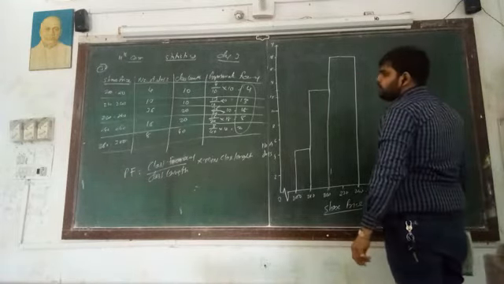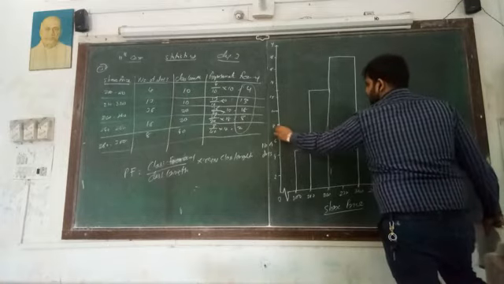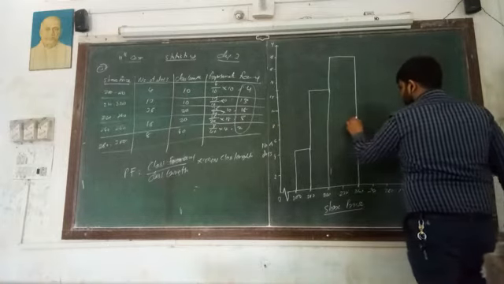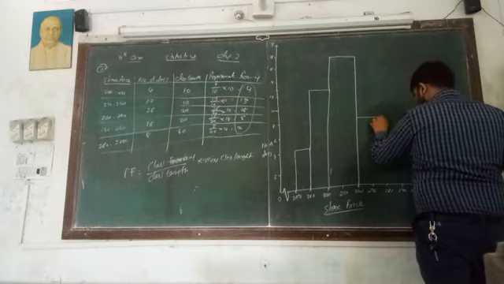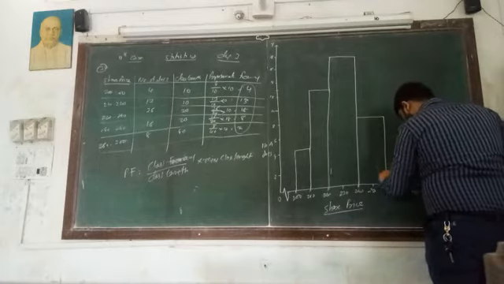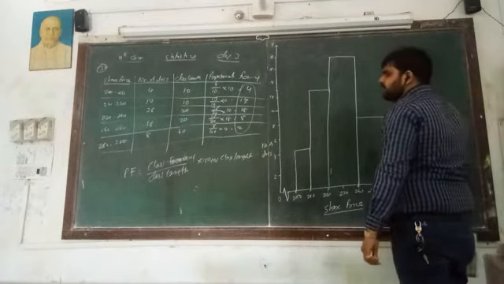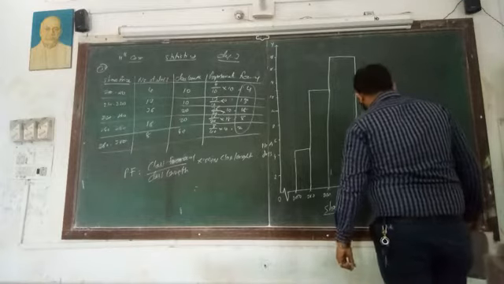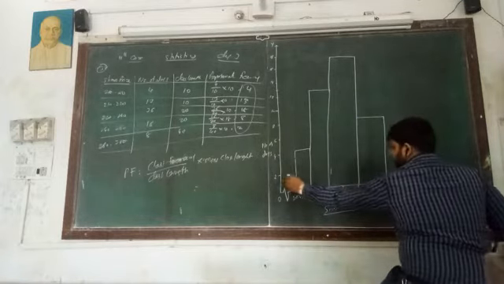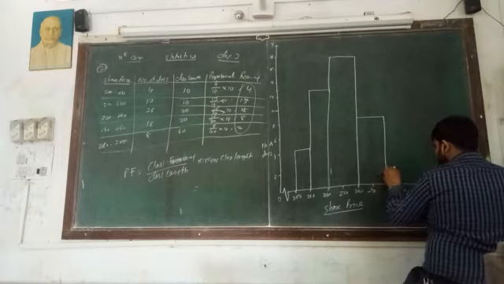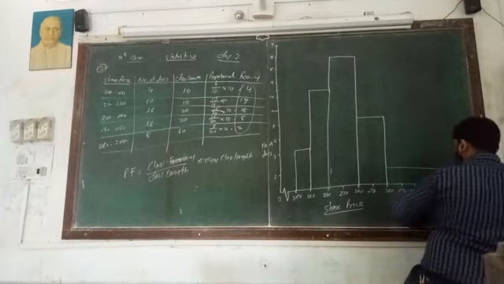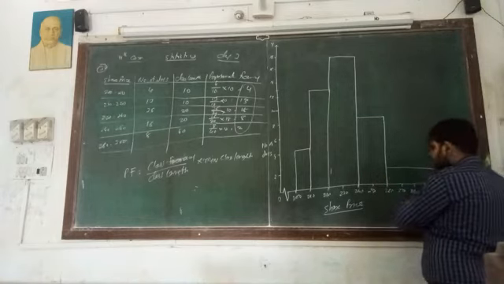Then 240 to 260. 8. 8 is here. 260. Okay, and 260 to 300. That is 2. So here 2. So to 300. 260 to 300.